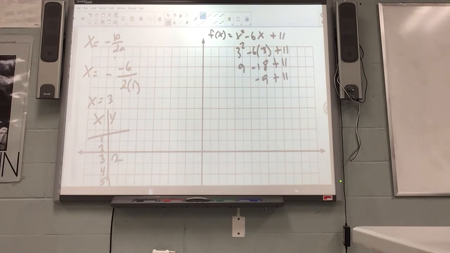So we got a vertex at 3, 2. That's also where the axis of symmetry would be. You don't have to draw it if you don't want to, but that's where it would be. Everybody all right on that?